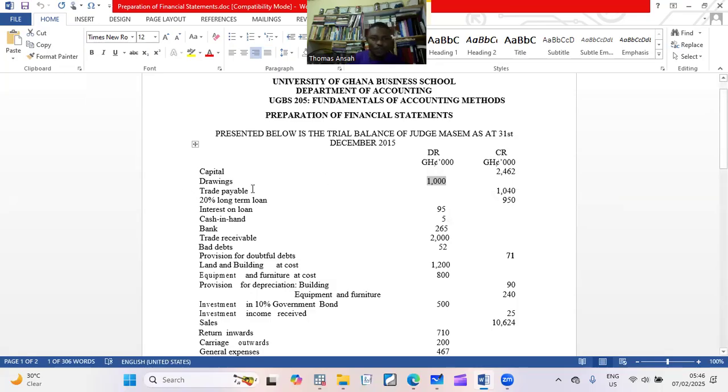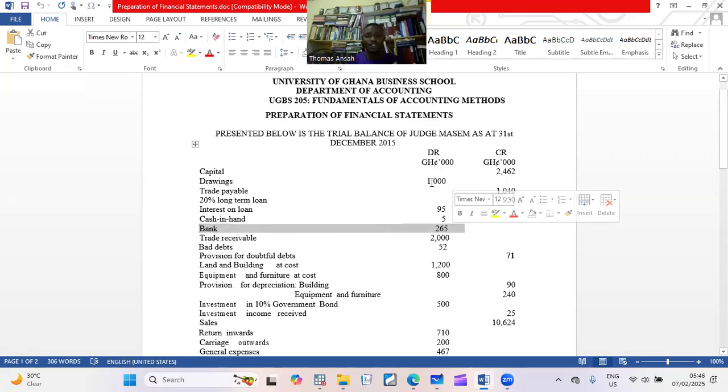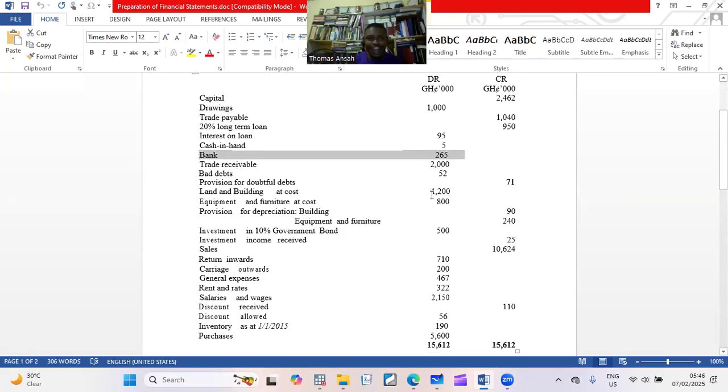If you look at trade payables, credit side; long-term loan, credit side. Bank is here. So all the things you see at the debit side are either assets or expenses. Have you seen that? That is what it is.